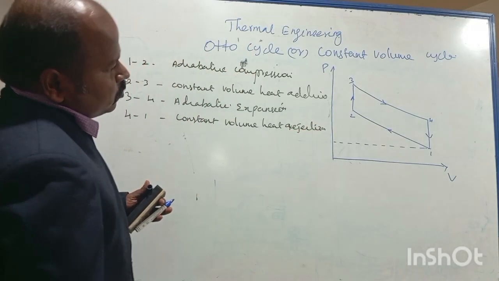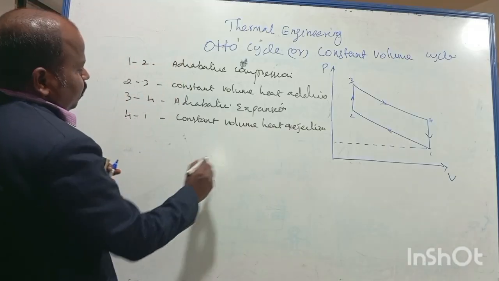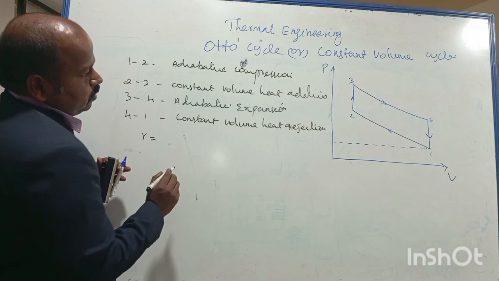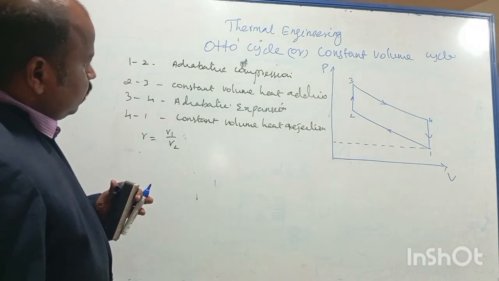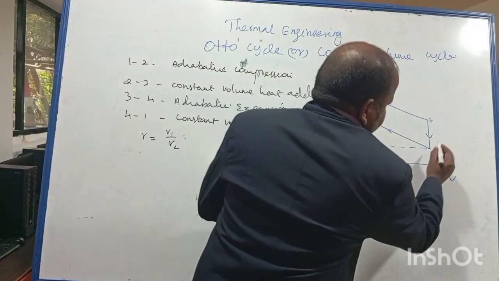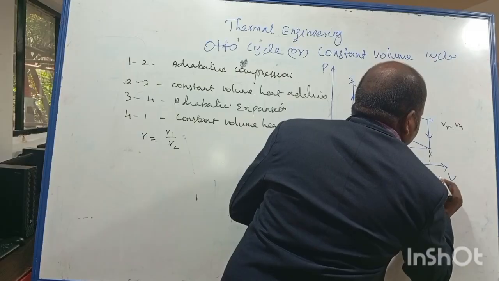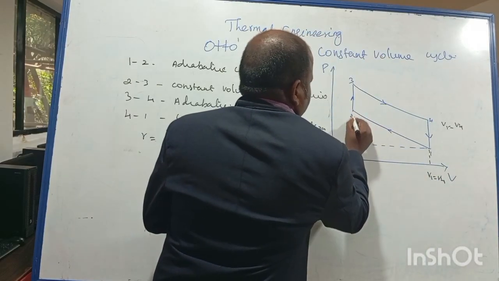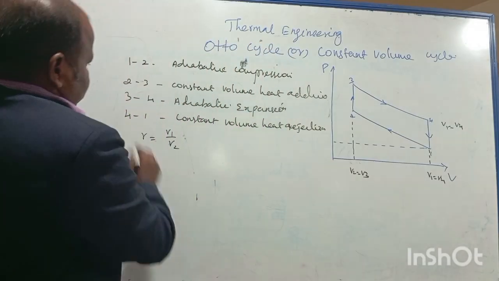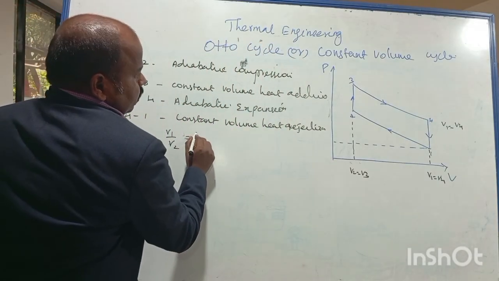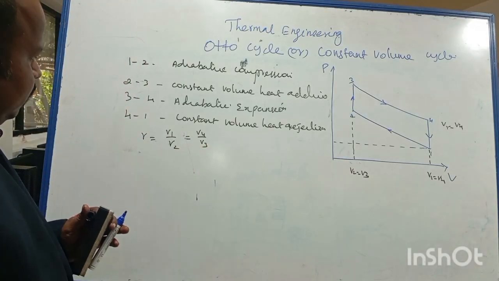If you take process 1 to 2, that is adiabatic compression. Here we have a compression ratio, that is r equals V1 by V2. You know very well, V1 should be equal to V4, that is constant volume, and V2 is equal to V3. Now this compression ratio we can also write as V4 by V3.